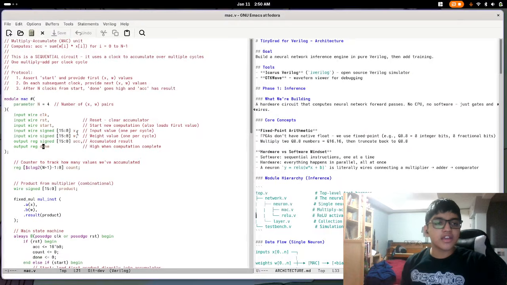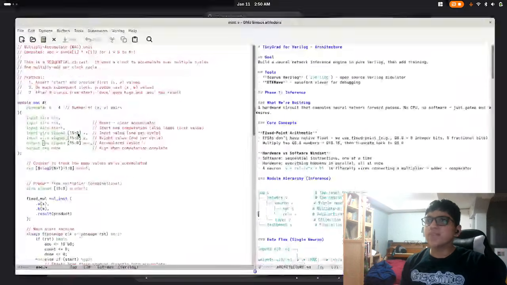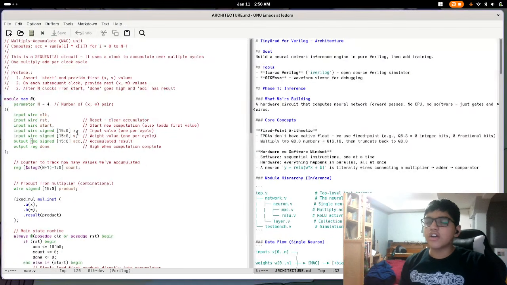Basically, we check if... I actually forget how this works. These are registers, which I think means that they can be changed on the fly. Let me look up register versus wire in Verilog.